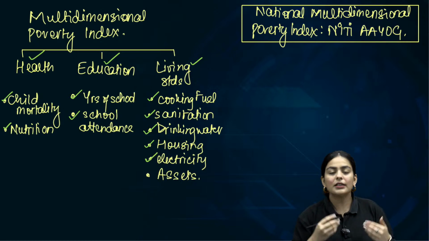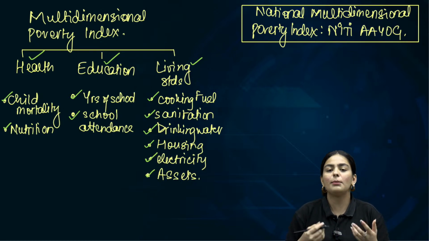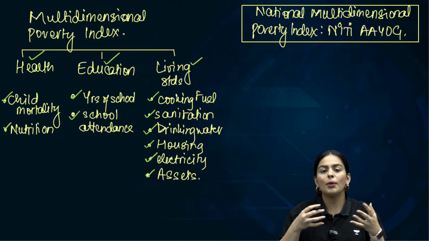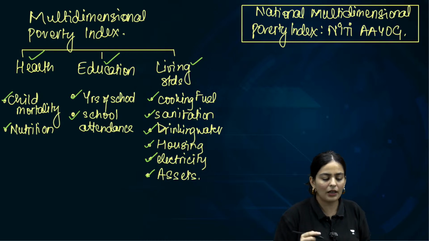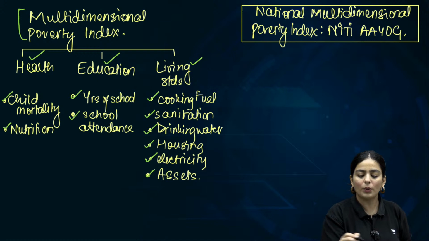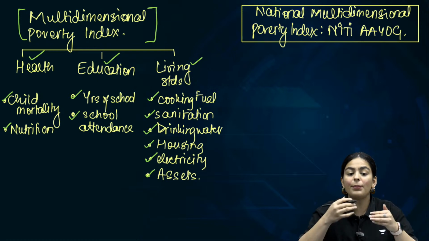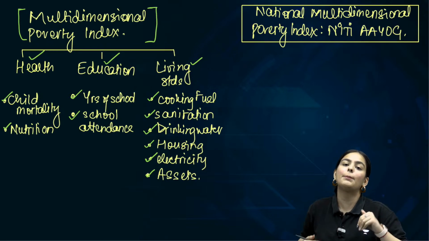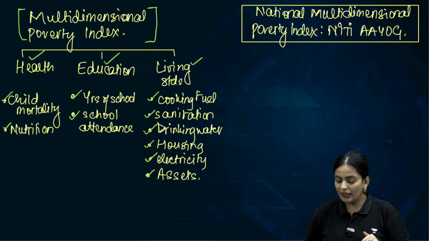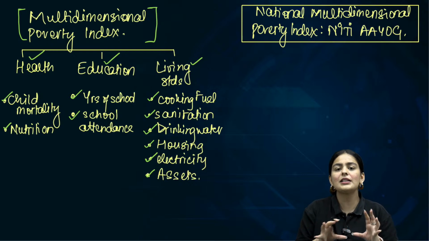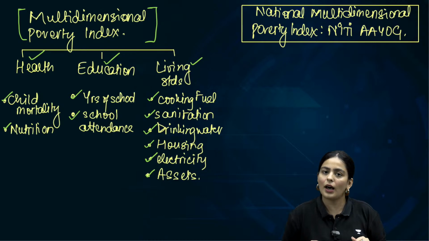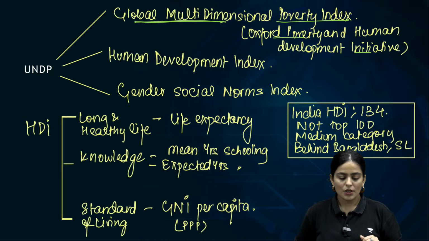Electricity? And other assets? Other assets could be, maybe, a fridge, a motorcycle, etc. So that is the Multidimensional Poverty Index. It checks deprivations on these many parameters. It is important to at least know which dimensions are included. So that is why statement 1 is correct.